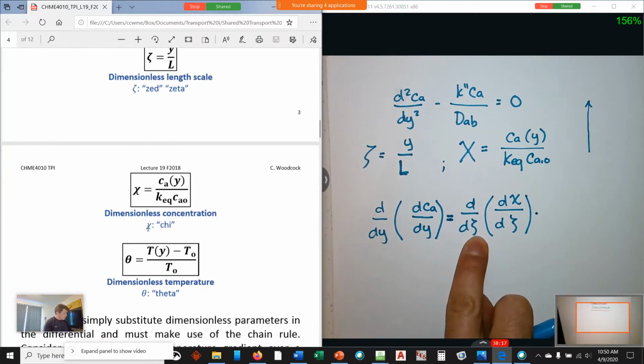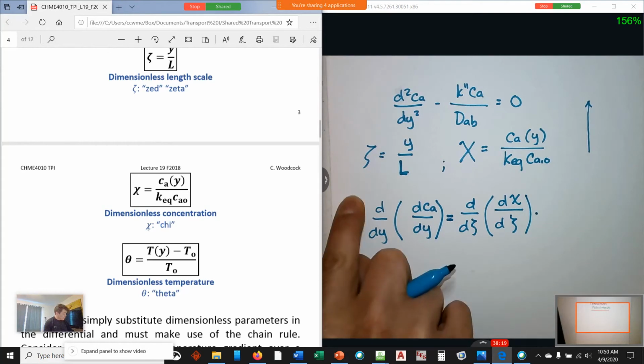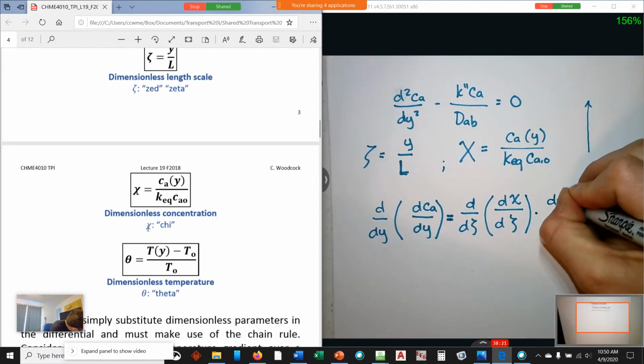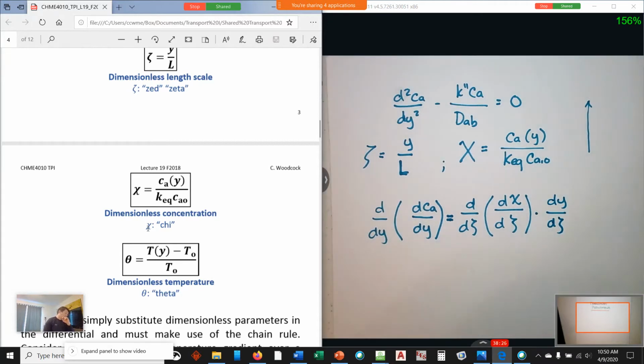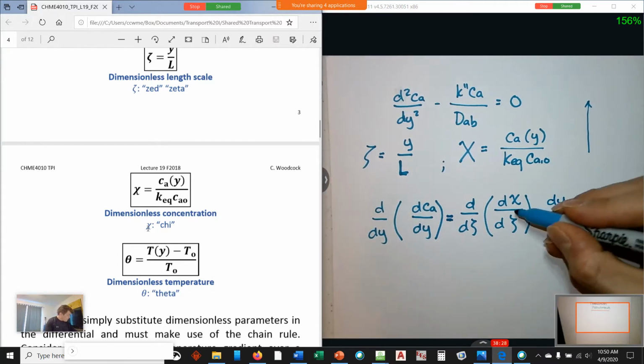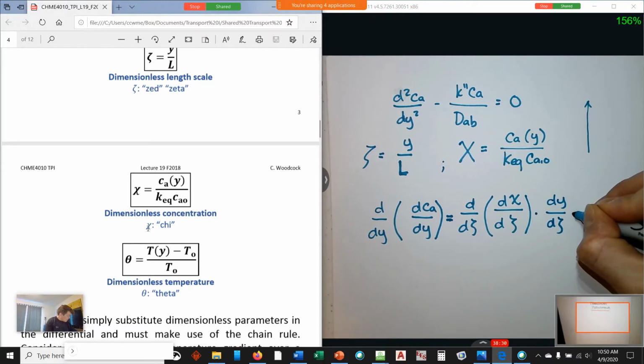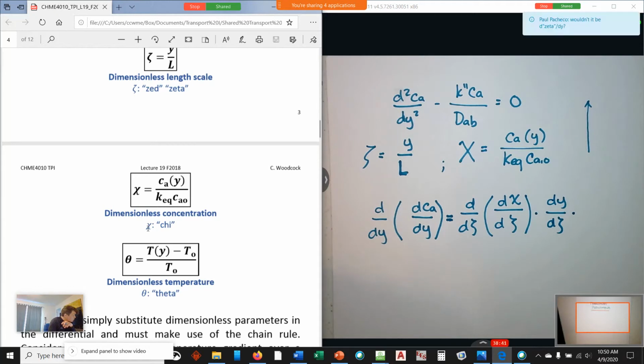So I needed to multiply this by dy d zeta. Actually, I just needed to have a 1 over d zeta there.